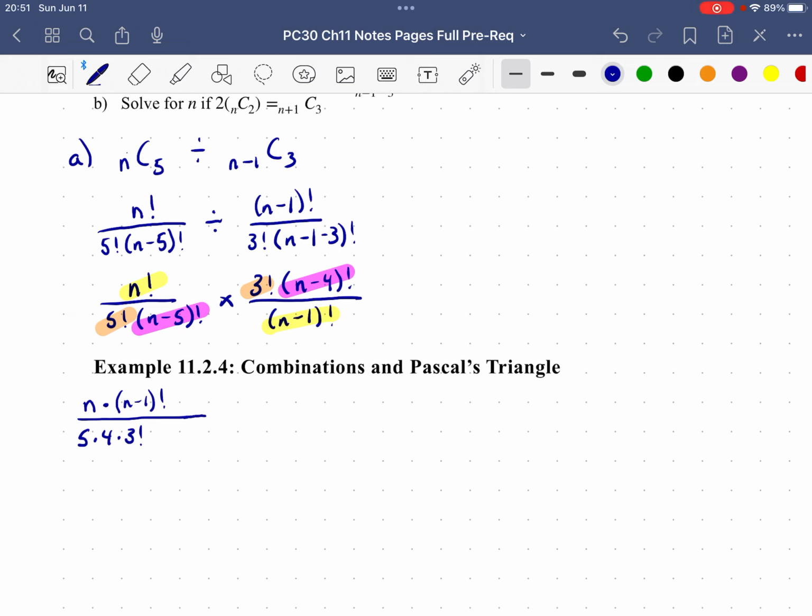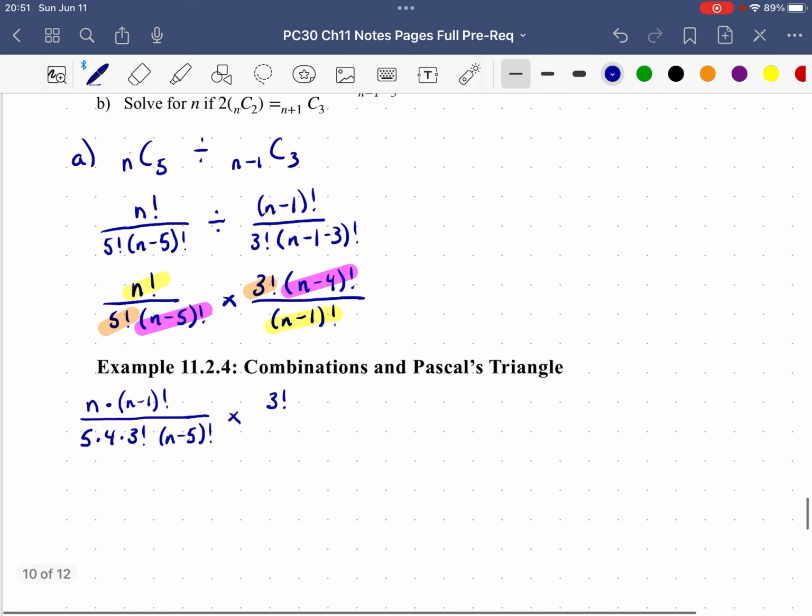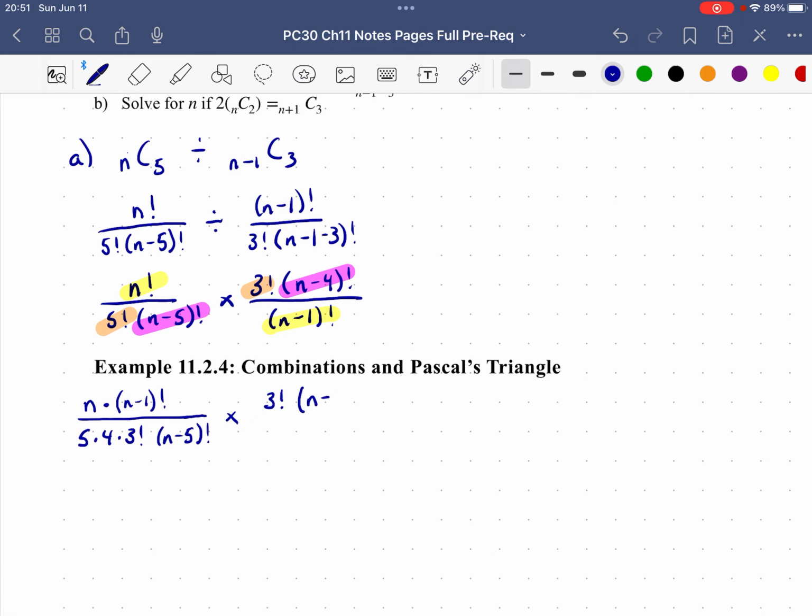Now, then we've got (n minus 5) factorial. I didn't change that one because I want to change the bigger one. See, in these pink ones, (n minus 5) factorial is smaller than (n minus 4) factorial. So we're going to multiply this with 3 factorial. Notice then (n minus 4) factorial, that's (n minus 4) times (n minus 5) factorial.